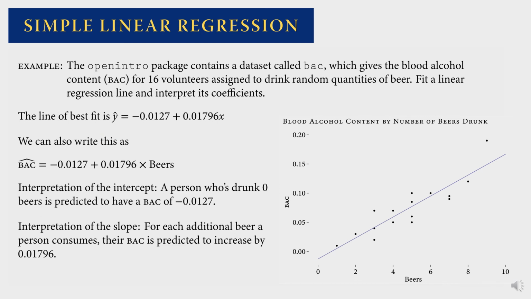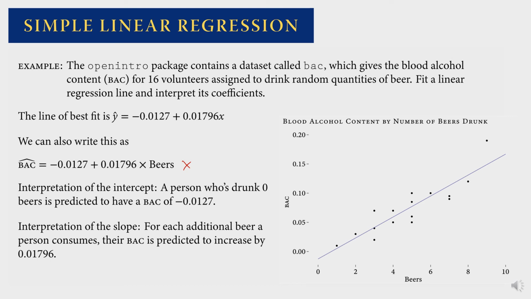To interpret it, we can write it like this. In regression, the hat means predicted or fitted. A person's predicted BAC is negative 0.0127 plus 0.01796 times the number of beers they drink.